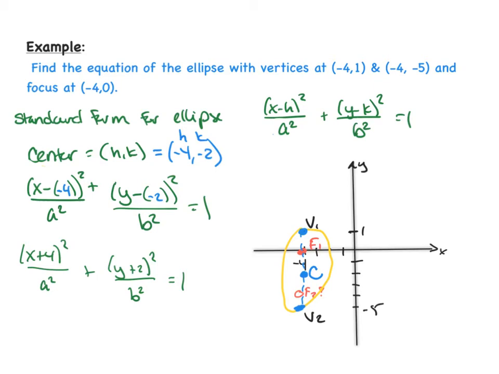The b value is the distance from a vertex to the center, because it's going in the up and down direction. So our b value would be the distance between the center and one of the vertices.